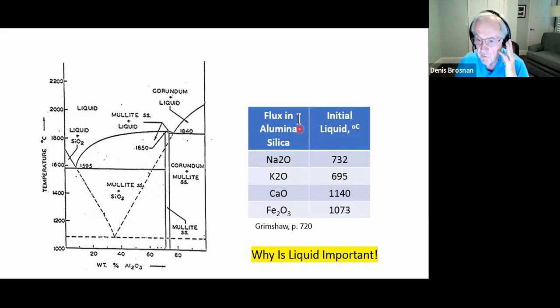now you can see that here's a tabulation of what the fluxes do in terms of initial liquid, with sodium at 732, potassium down here at 695, calcium oxide at 1140, and iron oxide at 1073.